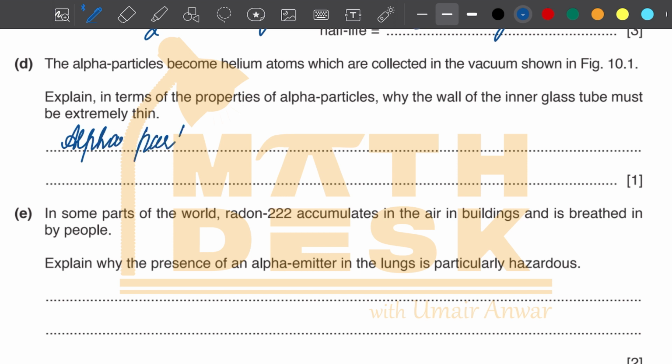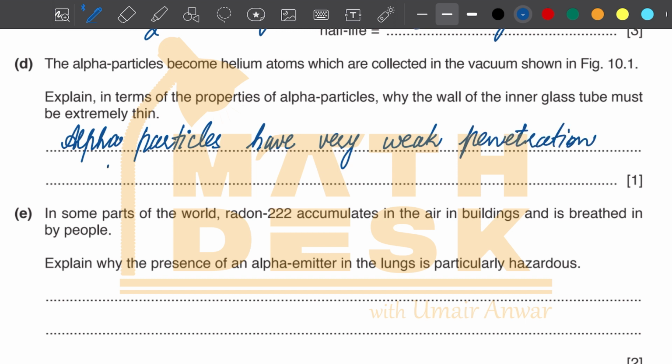So if it is made thicker, alpha particles won't be able to pass through it. That is why the glass tube must be made very thin.